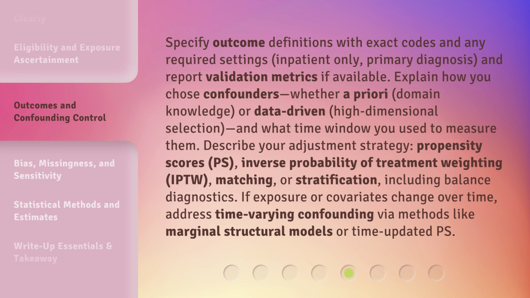Describe your adjustment strategy, propensity scores, PS, inverse probability of treatment weighting, IPTW, matching, or stratification, including balance diagnostics. If exposure or covariates change over time, address time-varying confounding via methods like marginal structural models or time-updated PS.